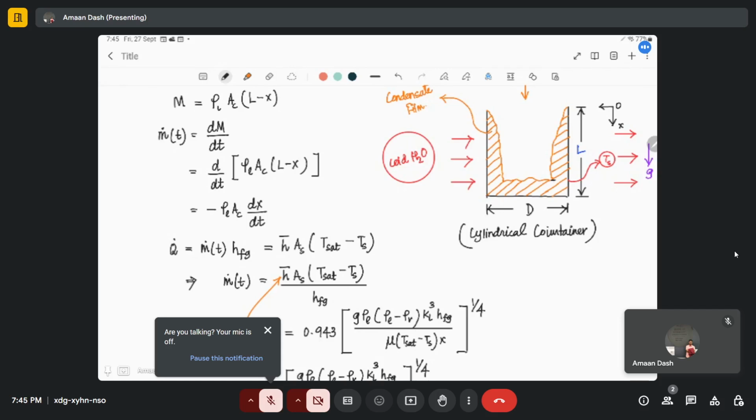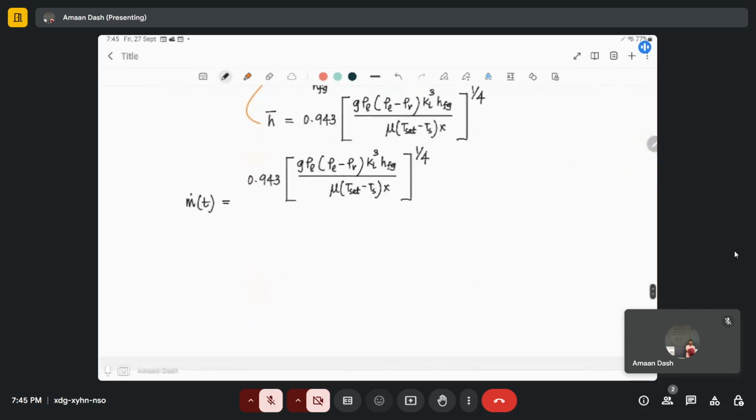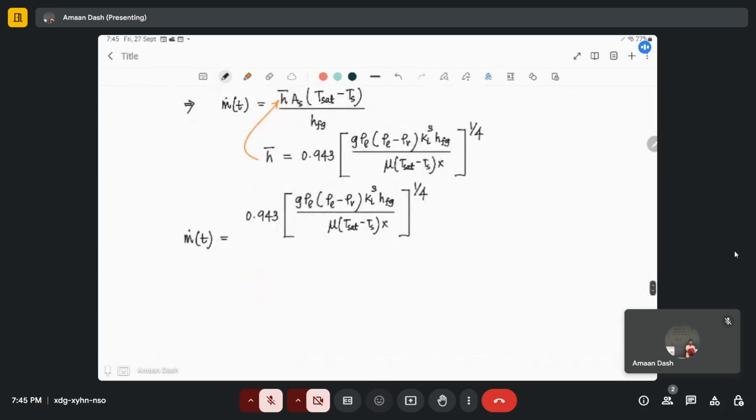Up to where the liquid has filled up, and here it is still empty, so we can still have convective heat transfer very well because of the film. So we can write this as pi d times x.